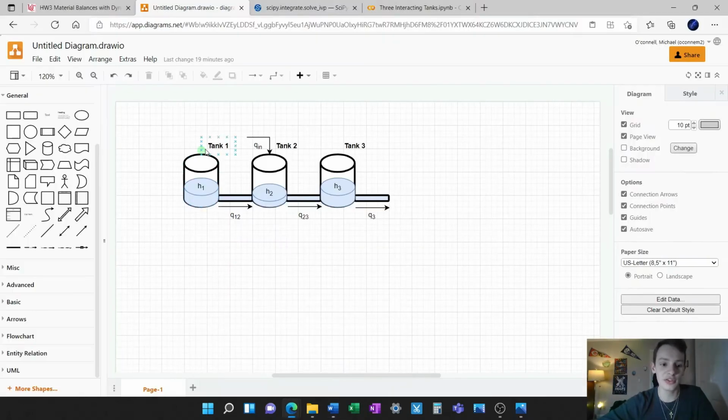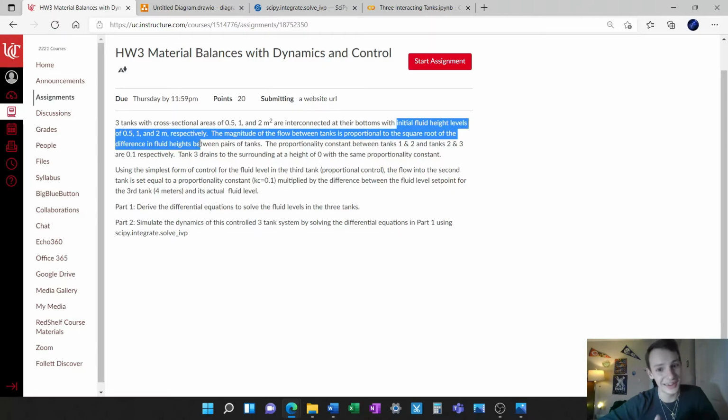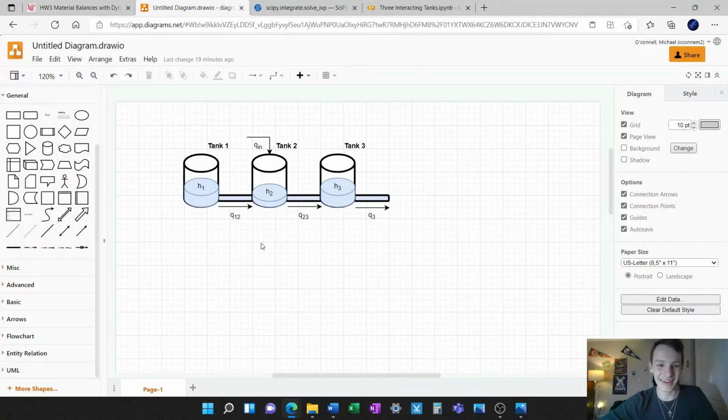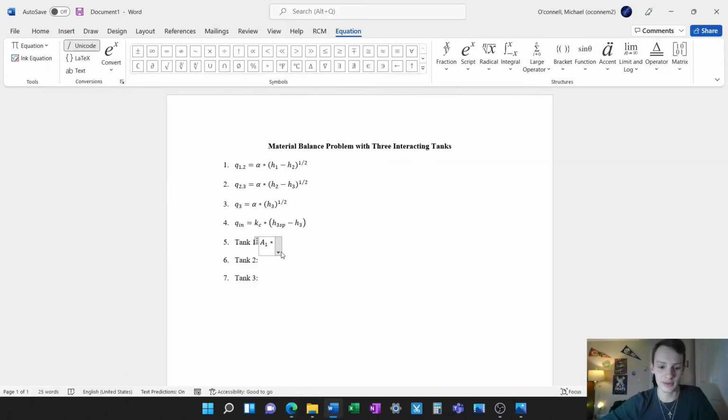Well, they told us that the cross-sectional areas are given, so those aren't going to change. They kind of give us a clue because they tell us the initial fluid heights, which implies there's a final that's not the same. But logically, as I said at the very beginning of this video, we know that the height is going to be changing by Bernoulli's equation. So that's our differential term. That's our derivative that we want here.